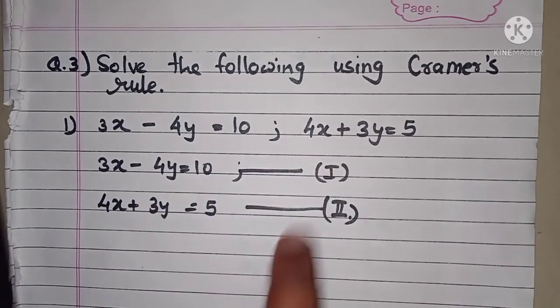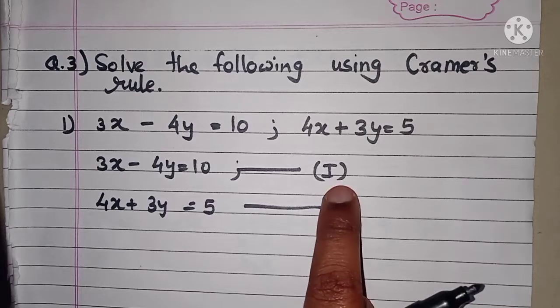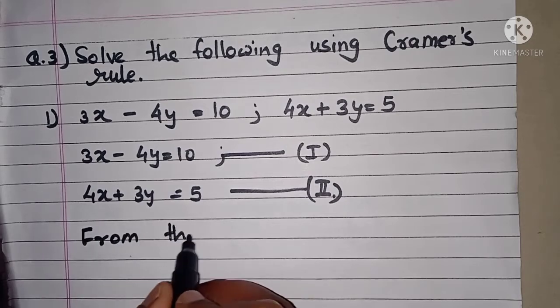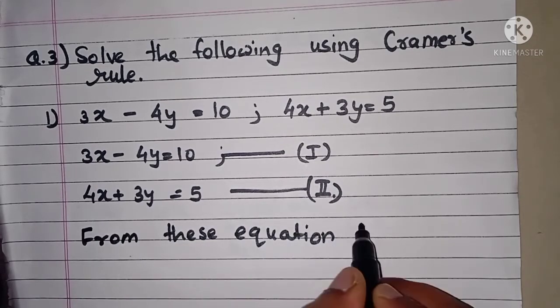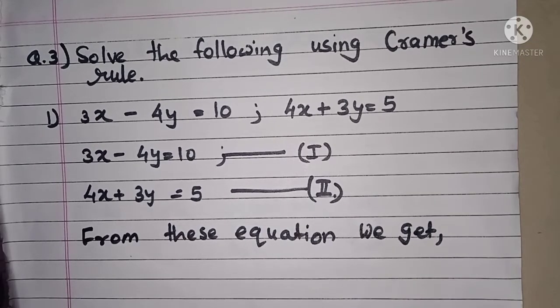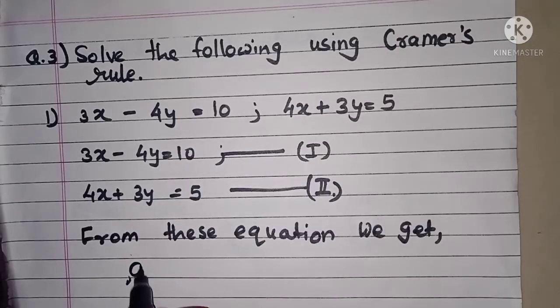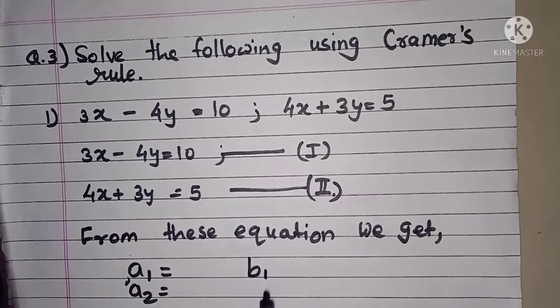They have given you two equations, which I have numbered 1 and 2. If you remember, I taught you two things in rules and regulations: how to take a1 b1 c1 from the first equation and a2 b2 c2 from the second equation. Those will be the coefficients of x, a1 and a2, the coefficients of y, b1 and b2, and c itself a number.